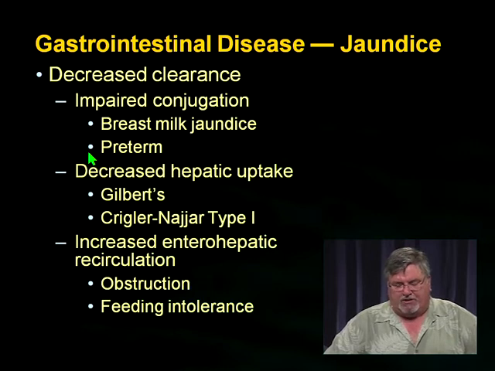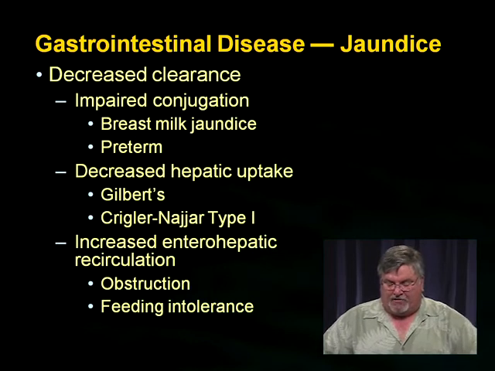So breast milk jaundice is a cause of impaired conjugation. It can also happen in preterms because their liver function isn't normal yet. You can have decreased hepatic uptake of bilirubin. Those are your Gilberts and your Kriegler-Najars. So people's names are decreased hepatic uptake.